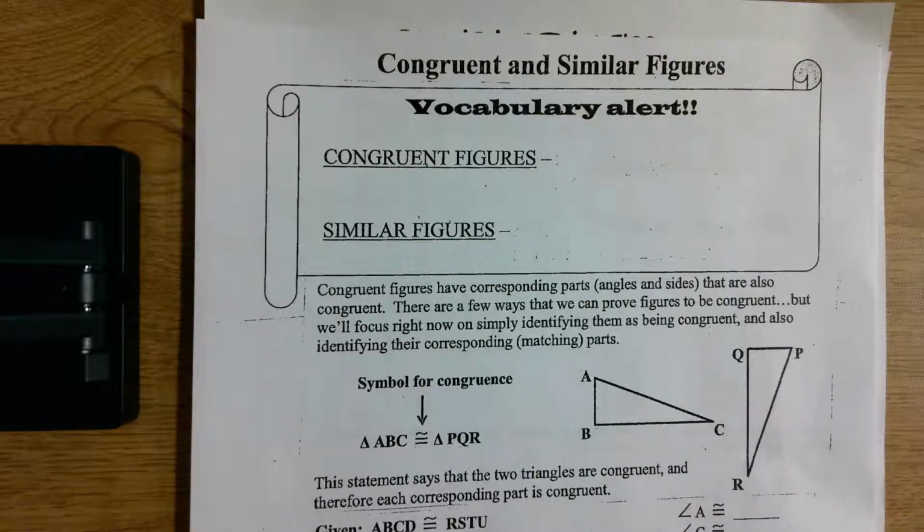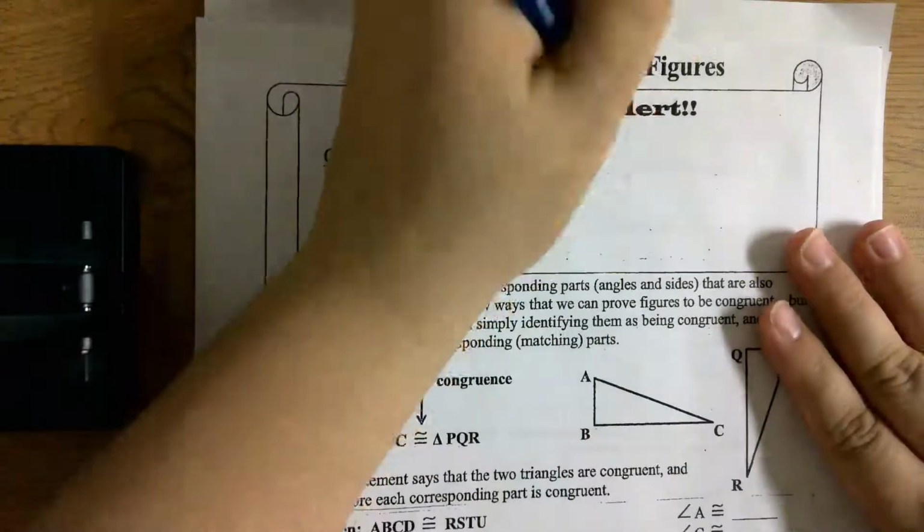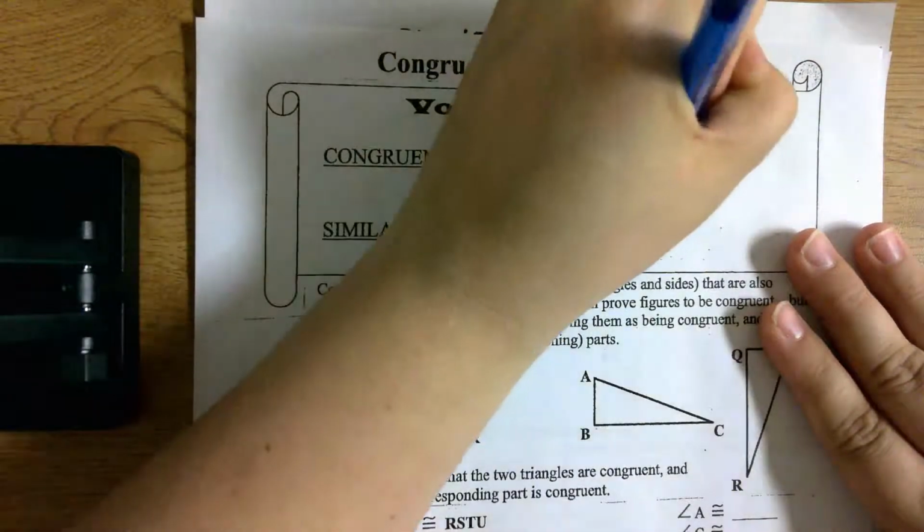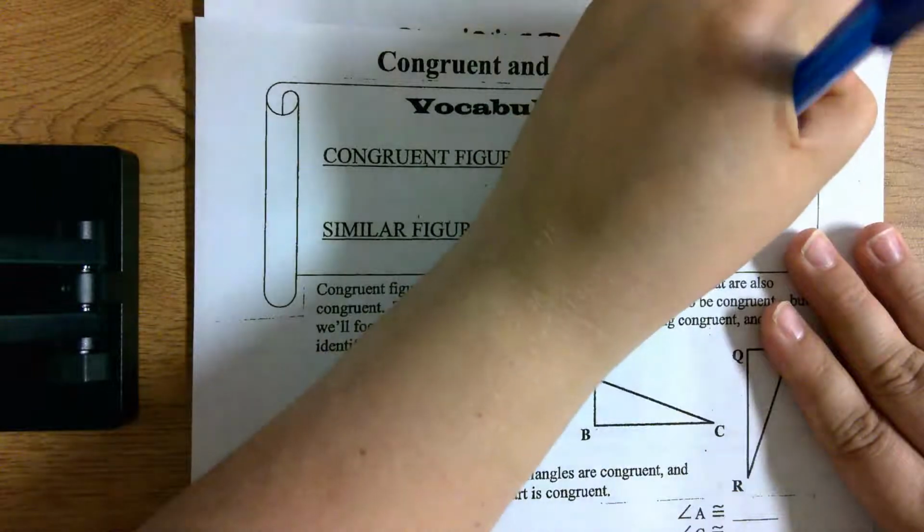Hey y'all, today we're learning about congruent and similar figures. So, vocabulary alert. Congruent figures means they are the same size and same shape.